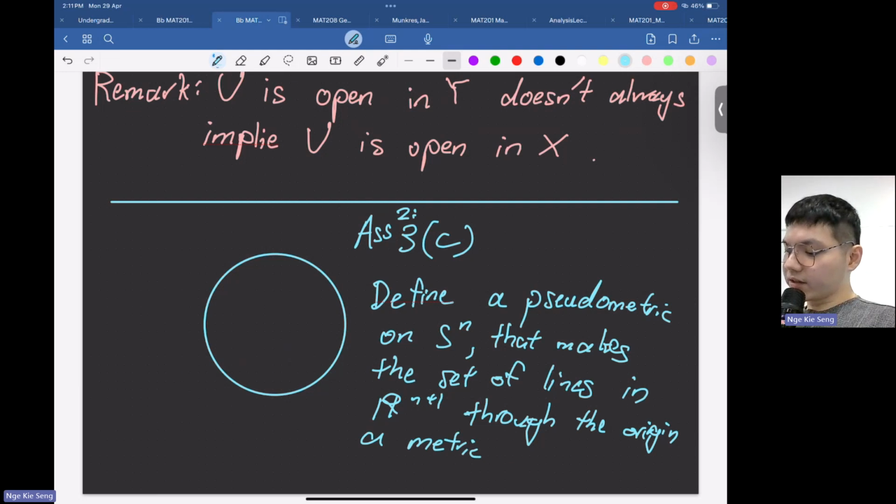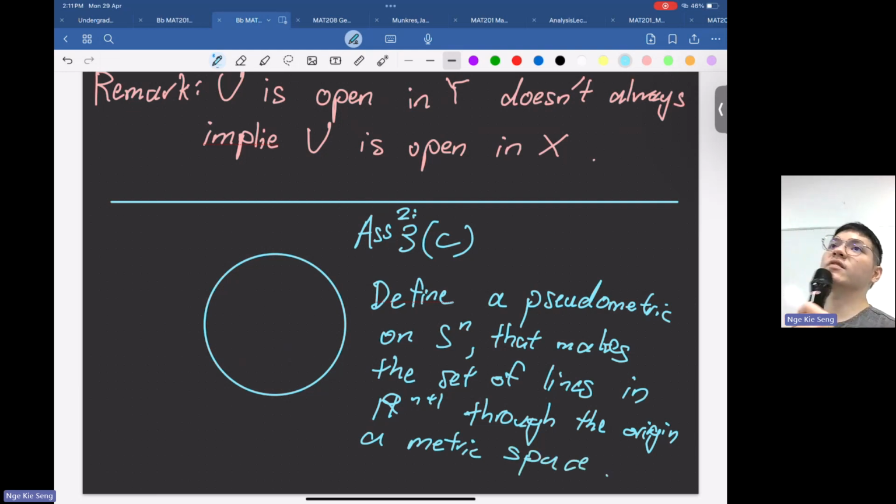Okay, so first you need to understand what this question is asking. This question asks you to build a pseudometric on Sn. What does pseudometric mean? It is a metric, except it doesn't have the first metric definition, which is that rho xy equals 0 doesn't need to imply x equal to y.